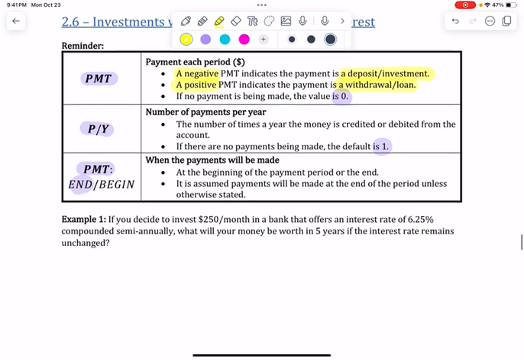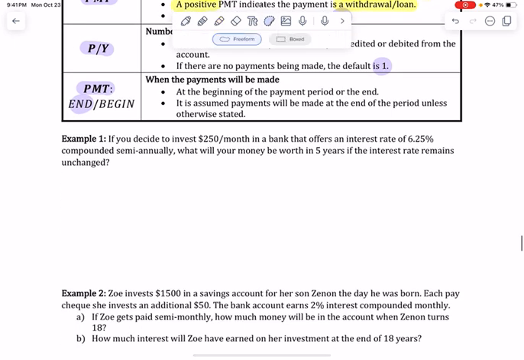All right, we are going to jump right into our first example. If I decide to invest $250 per month in a bank that offers an interest rate of 6.25% compounded semi-annually, what will your money be worth in 5 years if the interest rate remains unchanged?